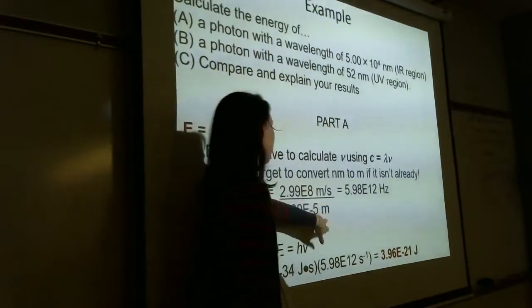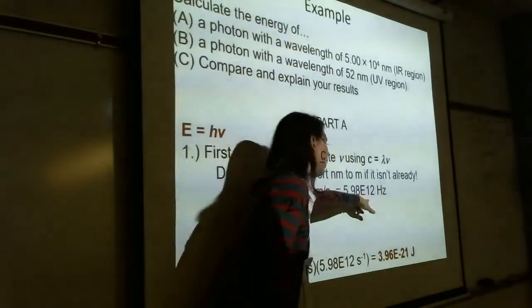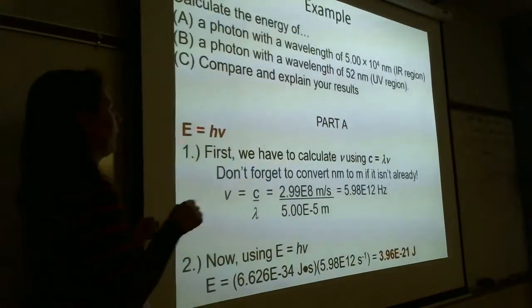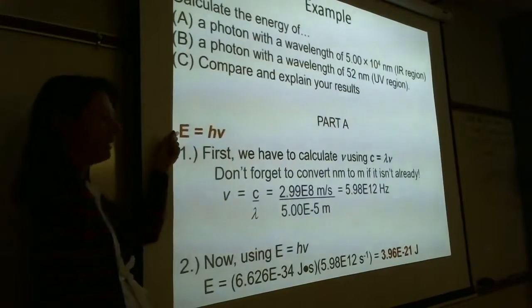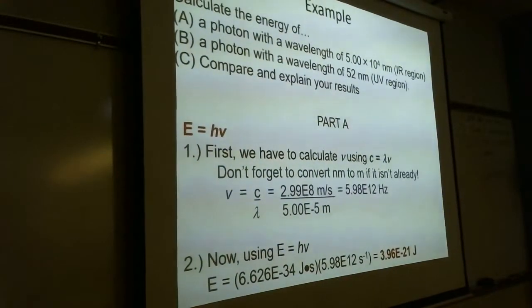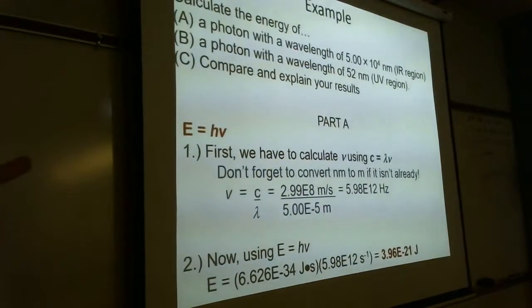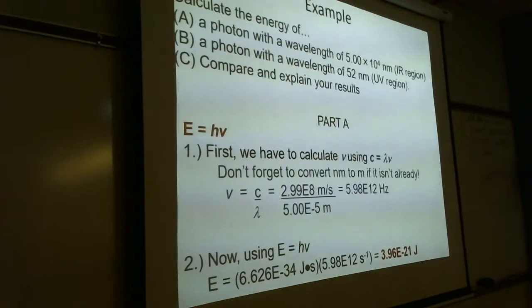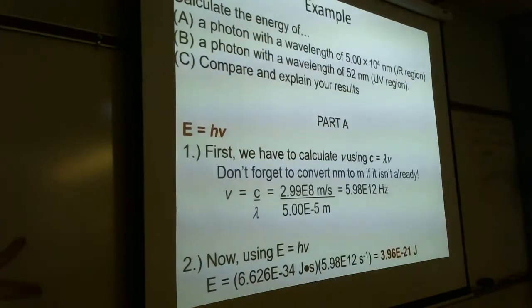Because meters cancel, I'm left with seconds inverse, which is hertz. Now that I've got hertz, I can plug it into my energy equation and get the energy. Does everybody see why you've got to do two steps here? If I say, here's the wavelength, what's its energy, you have to know frequency.